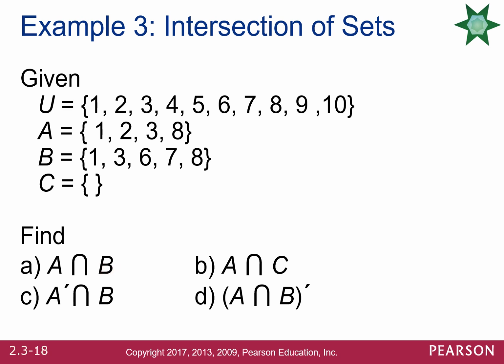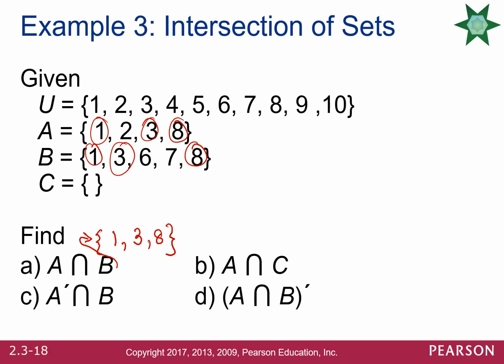So we see that 1 is common, 2 is not common, but 3 is common, 6 is not common, 7 is not common, 8 is common to both the sets. So the way we are going to write this would be 1, 3, 8. So A intersection B would contain these values 1, 3, and 8.